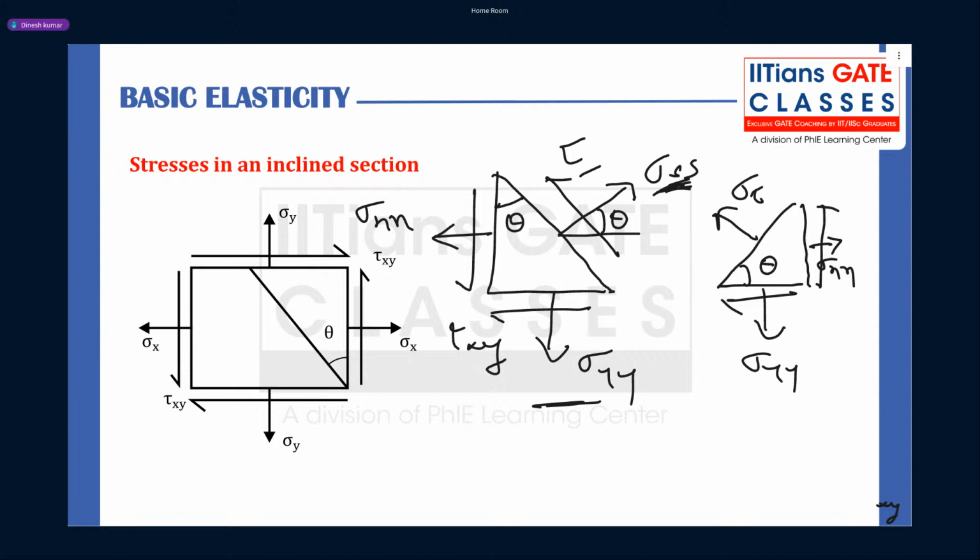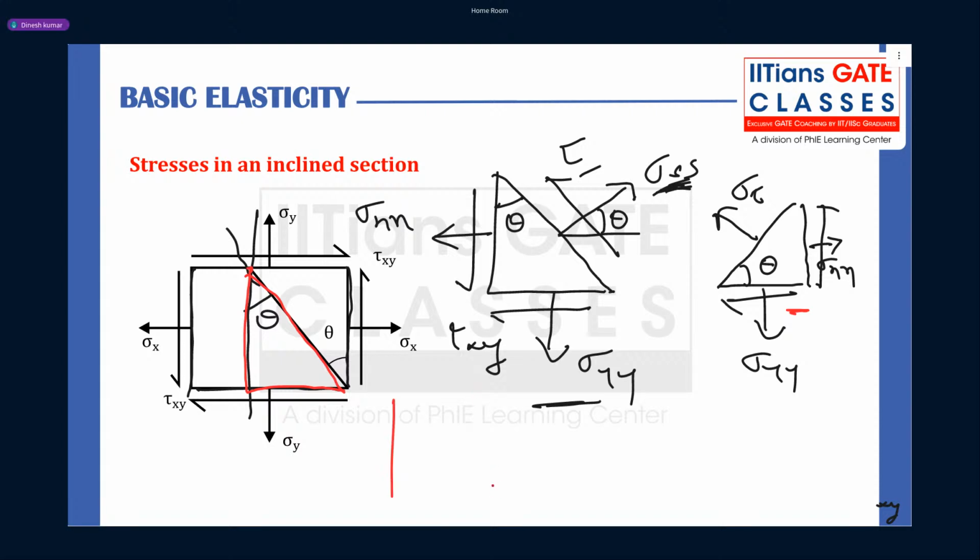So guys, you can see initially this is a rectangular element, and we have made a cut by this inclined plane which is making theta angle from vertical. You can see this outside triangular element is nothing but this. In the same way we can find this triangular element also. How?